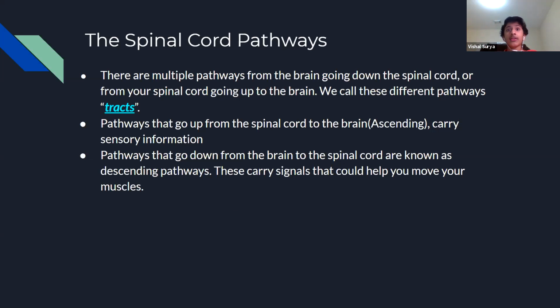And these carry sensory information like we've seen, like if you touch your hand. The next, there's pathways that go from the brain to the spinal cord and are known as descending pathways because they go downward. And descending means to go down. These carry signals that would help you move your muscles, for example.